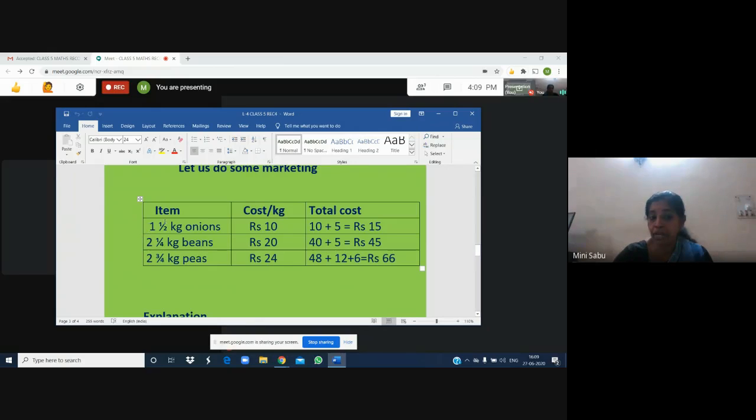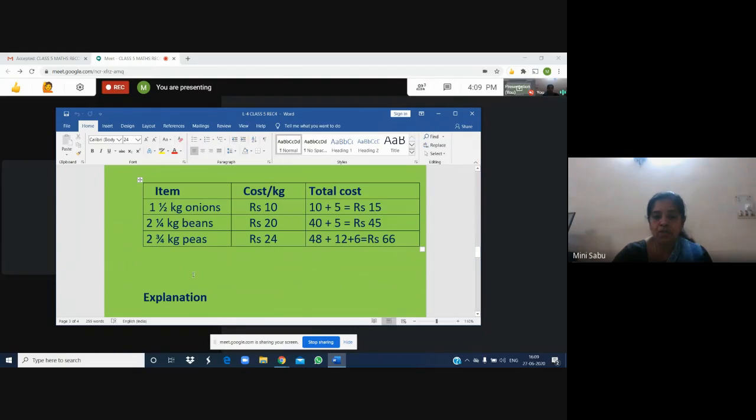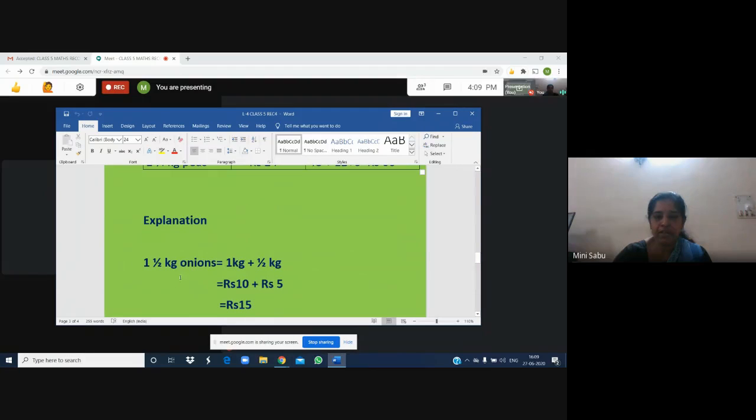But we are not buying 1 kg, we are buying 1.5 kg. For this, we did all the revision. Now, are you able to understand why we did revision? Okay, so I'm going to explain to you how do you find out the cost of 1.5 kilogram onions.